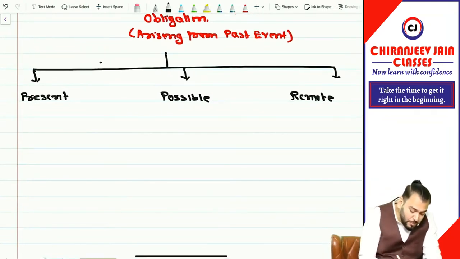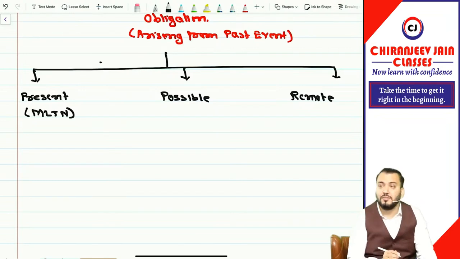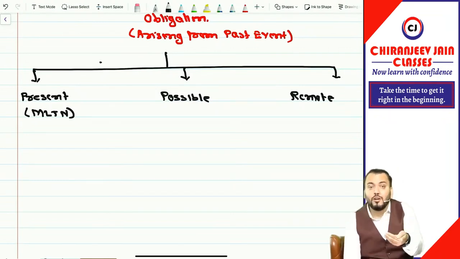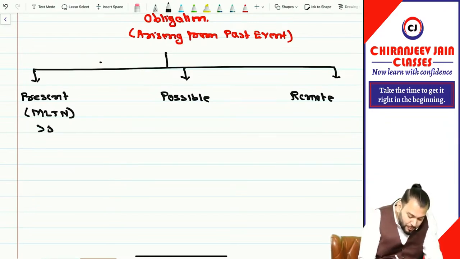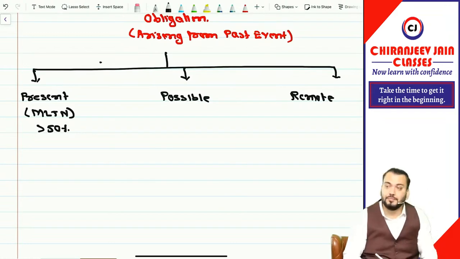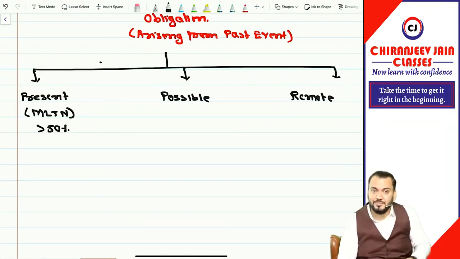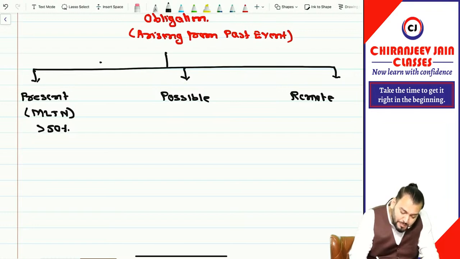When I am saying present obligation means more likely than not. MLTN means what? More likely than not. More likely than not means what? Chances are more than 50%. Means obligation is probable on balance sheet date. When I am saying remote obligation means chances are less than 5%.